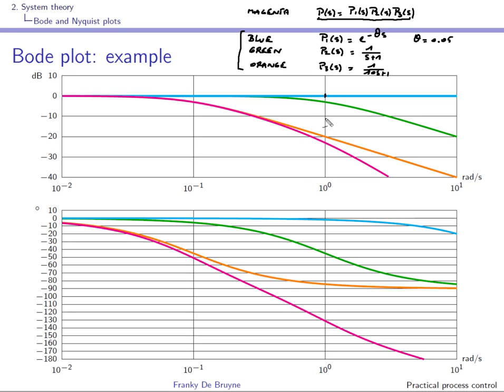You can see here that the Bode diagram can be obtained by adding distances at all frequencies in the magnitude Bode plot, and you can do something similar with the phase shifts in the phase shift Bode diagram.